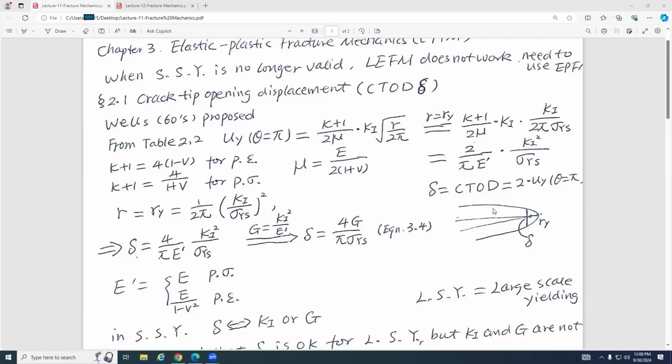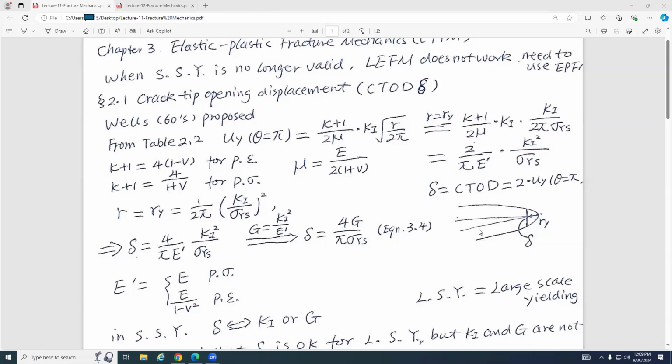I suppose this is a crack, okay? So this is the original crack. Under some condition, this crack opens because of some load.